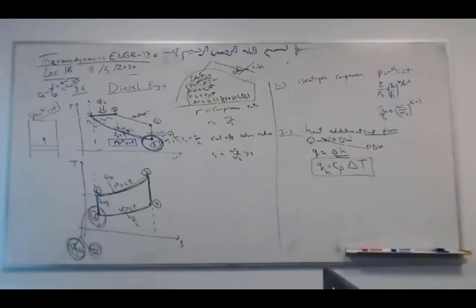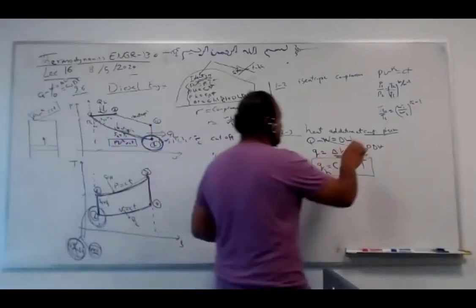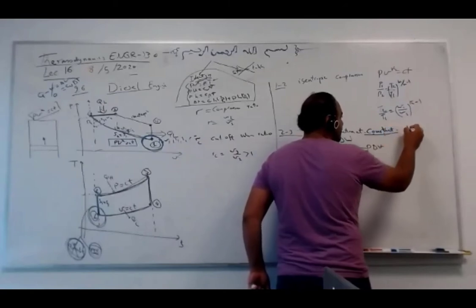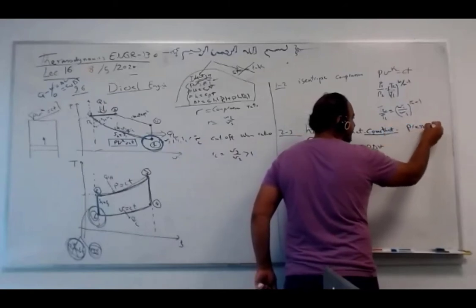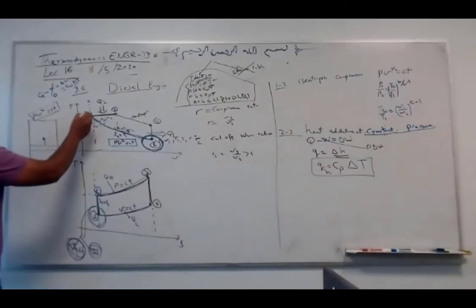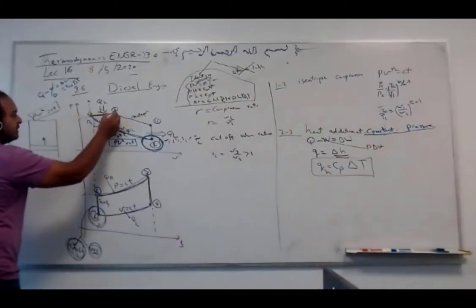Professor, for the 2 to 3, it says heat addition, what? At constant pressure. Okay, thank you. Oh, you're talking about the text here? Oh, sorry. This is at constant pressure. So this is a heat addition at constant pressure, horizontal.